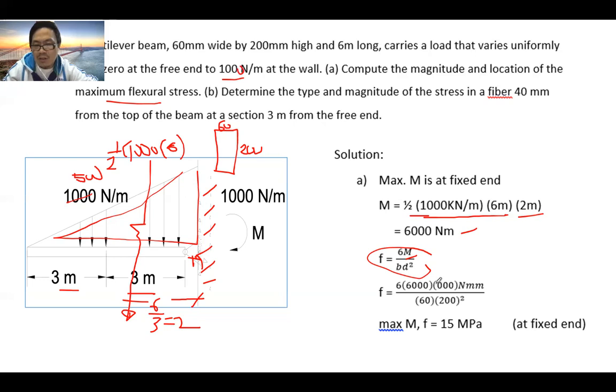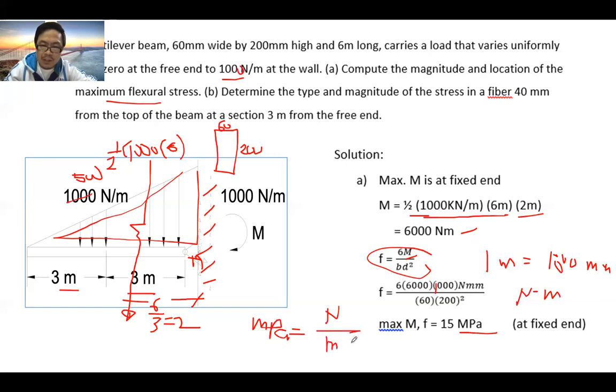Naglagay pa ako ng 1,000. Kasi nga 1 meter is equal to 1,000 millimeter. Pag nag-compute tayo ng mga stress, dapat Newton millimeter na tayo. Kasi pagka Newton millimeter lahat, our answer will be in megapascal. Okay? Megapascal is just equal to Newton per millimeter squared.